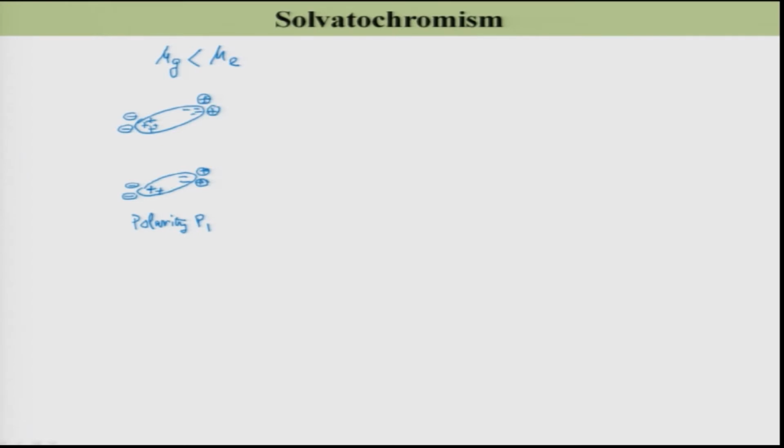The absorption is instantaneous again, so that takes only 1 femtosecond or less. When you excite this molecule from the ground state to the excited state by light h nu 1, which is equal to h c by lambda 1, the electronic transition is instantaneous.